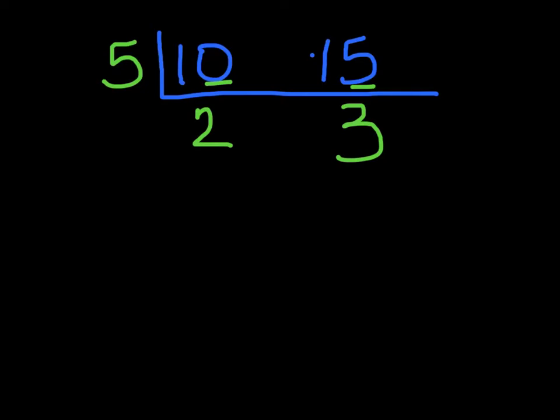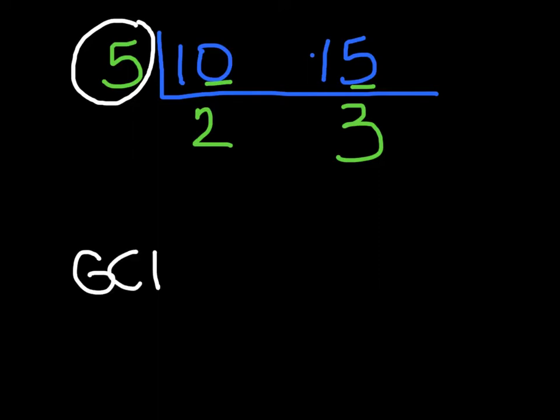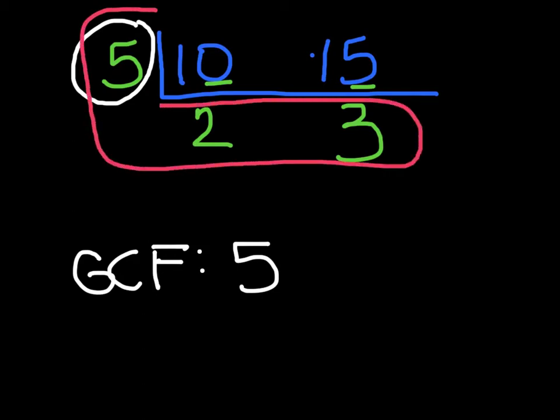Your greatest common factor is this number on the side. So your GCF of 10 and 15 is 5. Your LCM starts with the letter L, so you always want to multiply the numbers that make up your L. If you multiply all of those numbers in the L, you get 5 times 2, which is 10, times 3, which is 30.